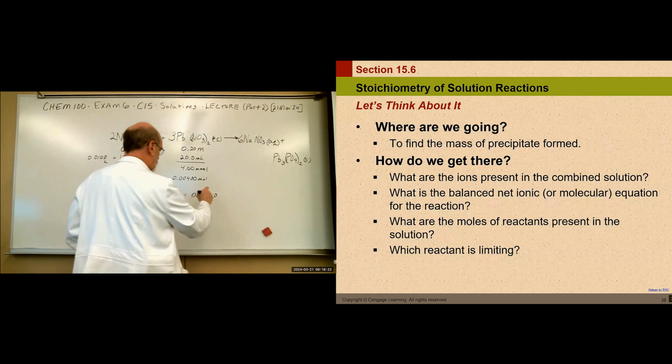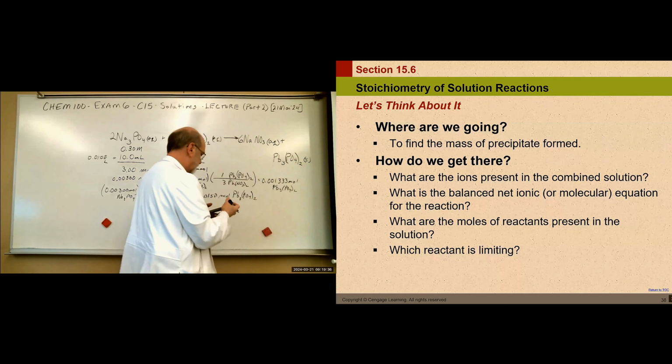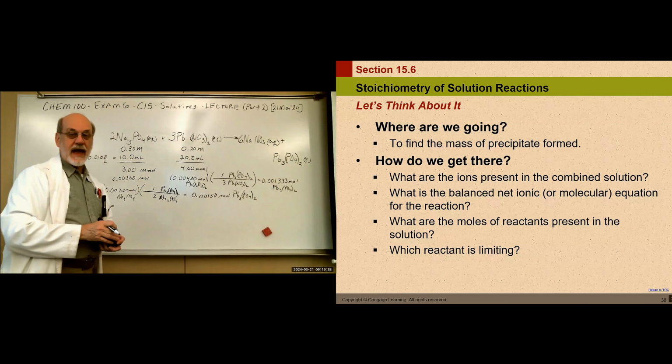Let's see, 0.004, enter, and 3 divide is 0.00133. And this would be moles of lead-2 phosphate. Okay, now we compare the outcome.